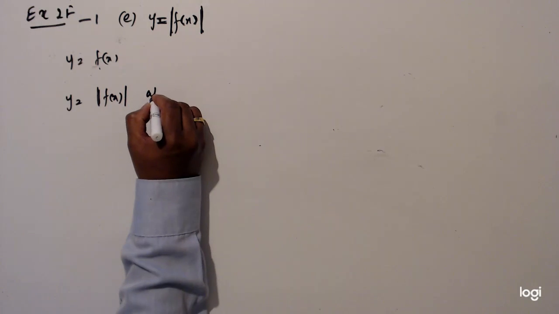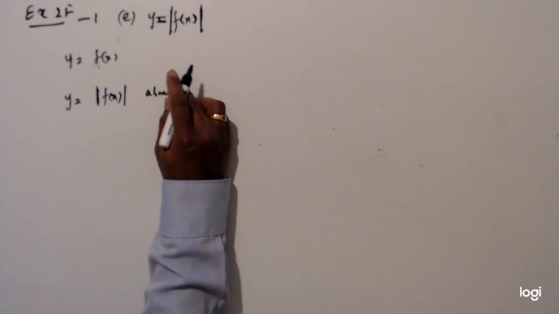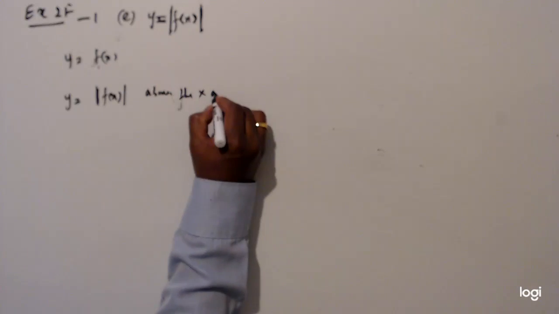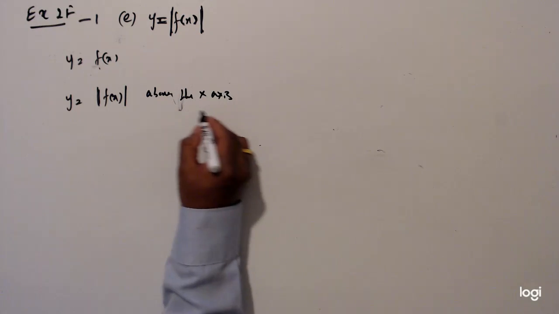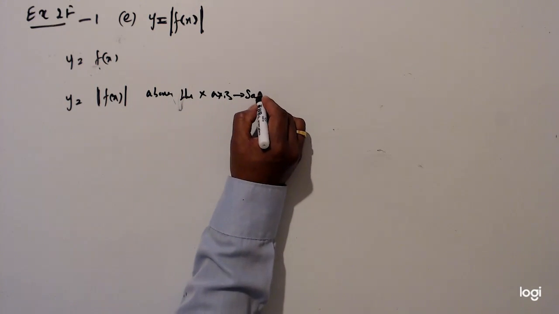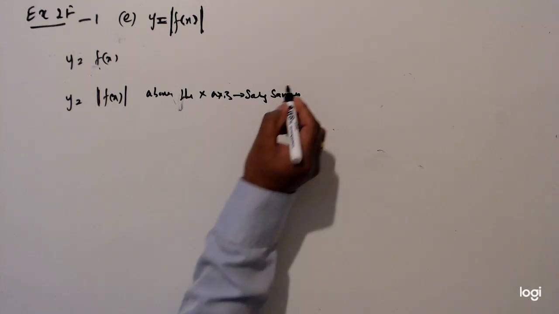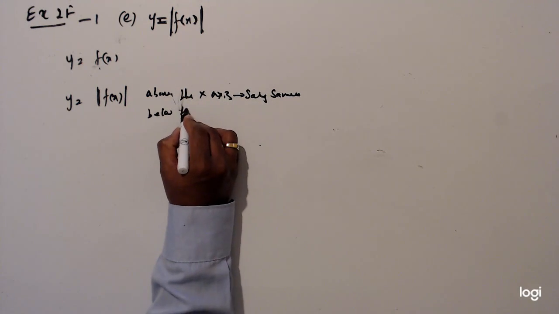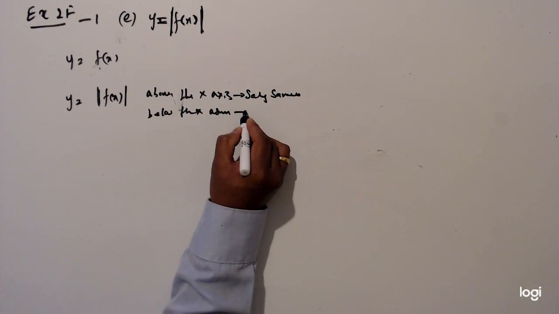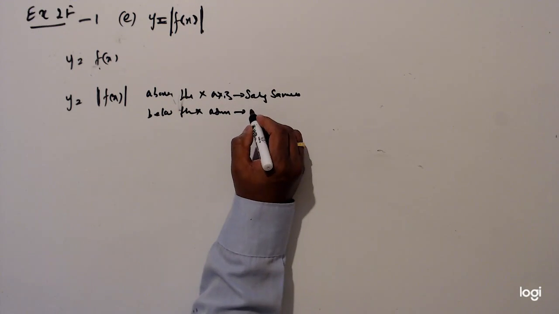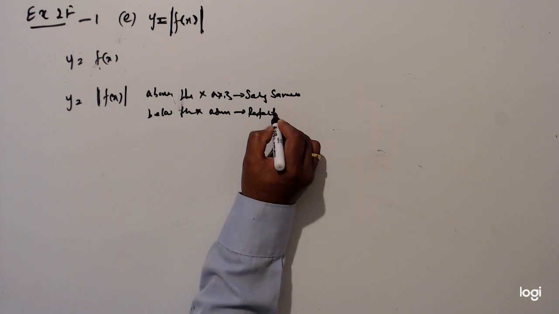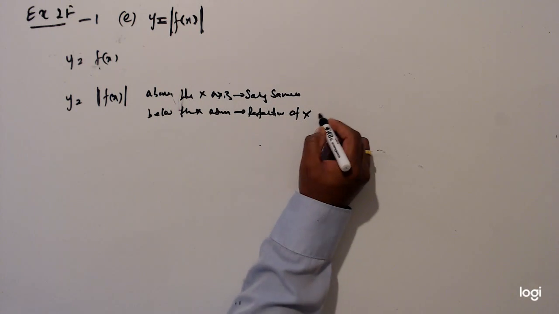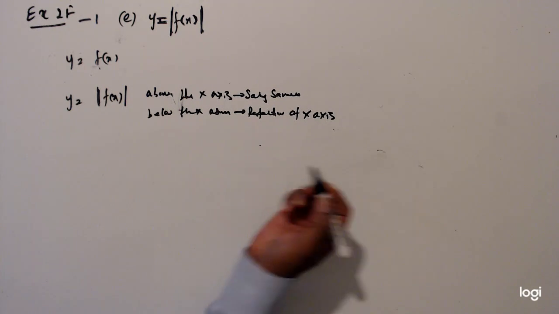So here, above the x-axis stays the same. Below the x-axis, reflection in the x-axis.